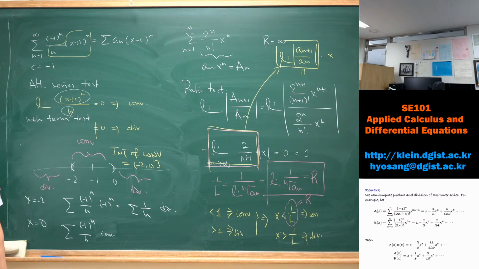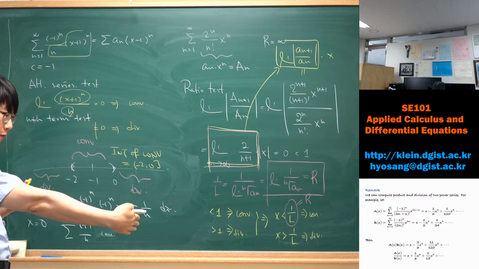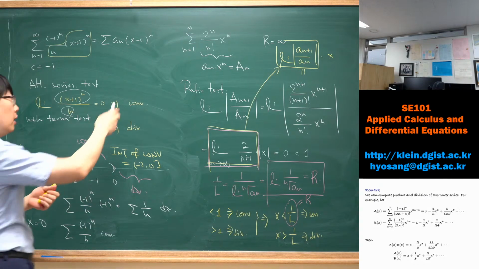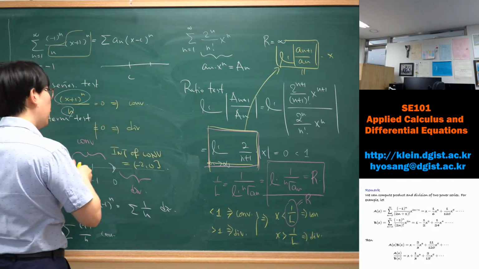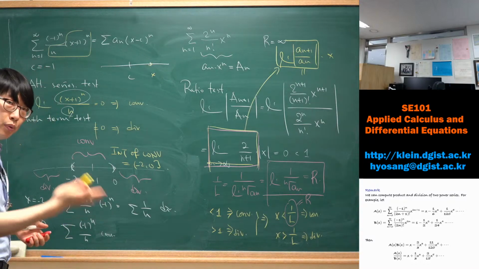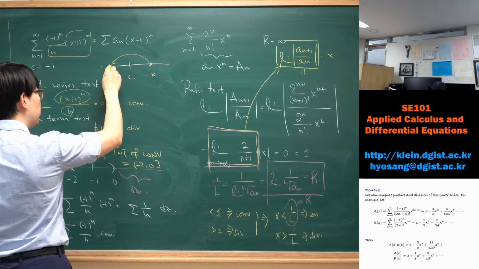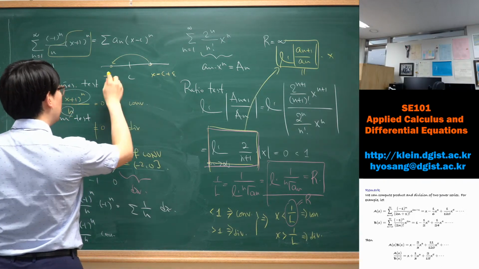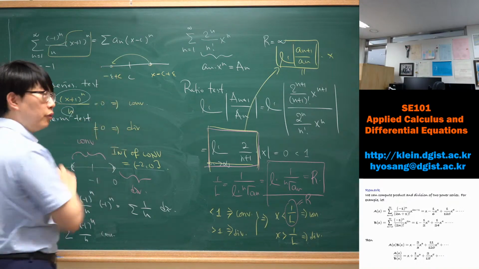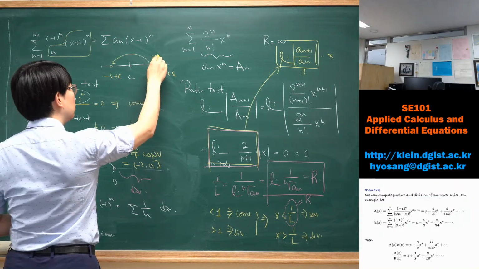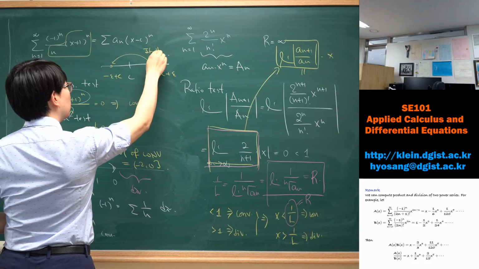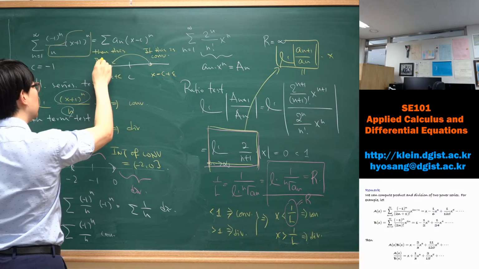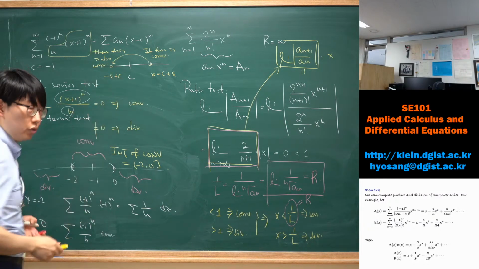But when you try to find the interval of convergence of a power series, because of the nature of the power series, if you know that your point x on the right is a convergent point, then the symmetric part, here we have c plus epsilon, then we have c minus epsilon, is also convergent.